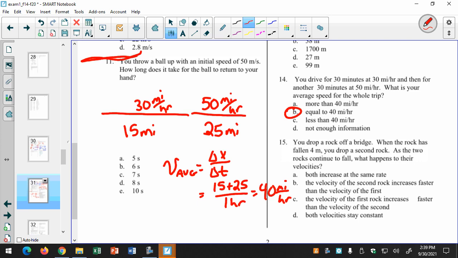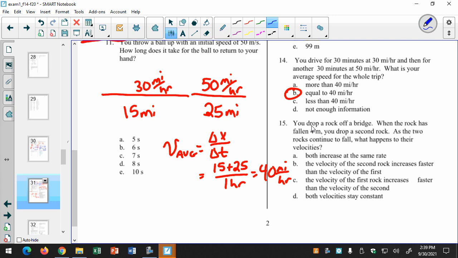There was another question on the concept test that was similar, but it said you drive 150 miles at 30 miles an hour and 150 miles at 50 miles an hour.